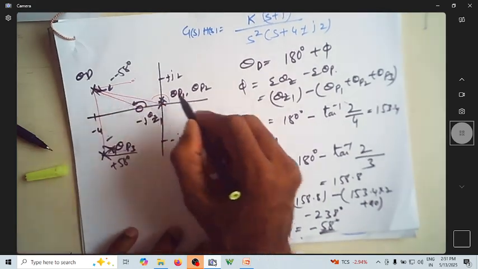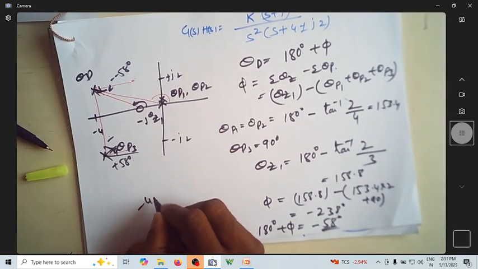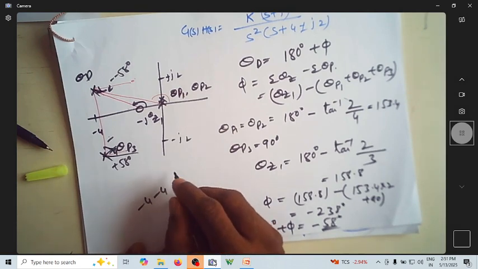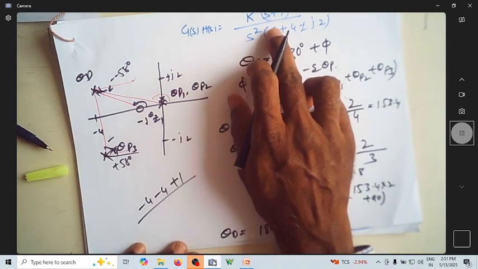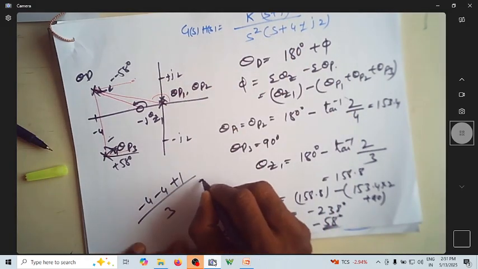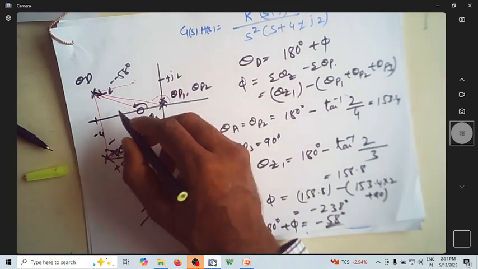Now, depending on where the centroid is, where is the centroid? It's at minus 4, minus 4, and then minus of minus 1, it is plus, so it is minus 4 by 4 minus 1, 3. Is it not at minus 7 by 3? Minus 7 by 3 is somewhere here.